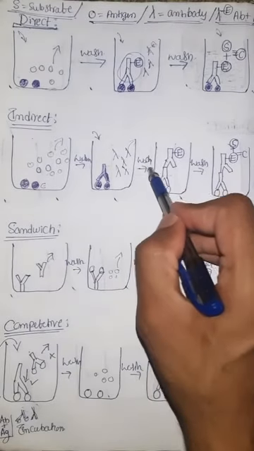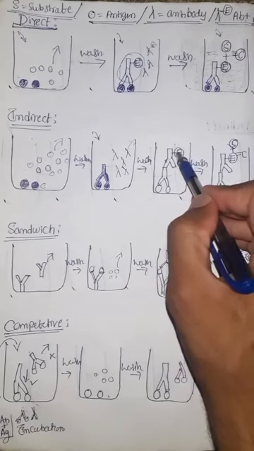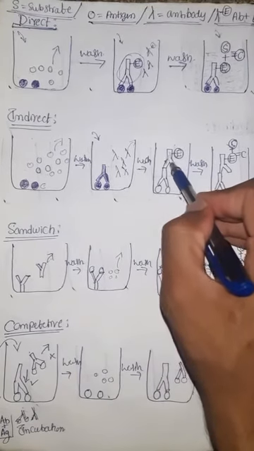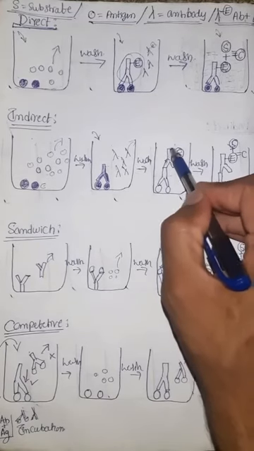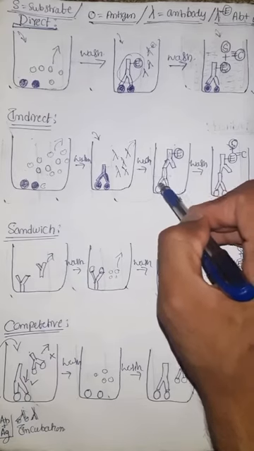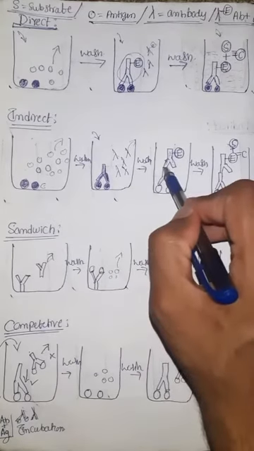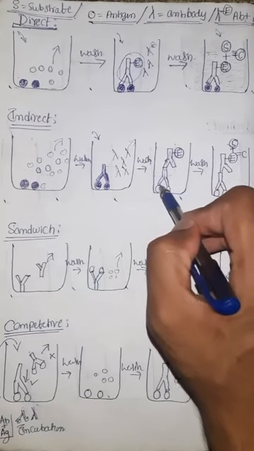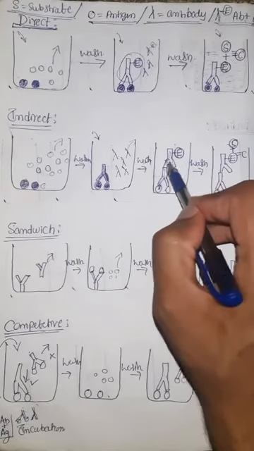Okay, after that we have to add one more antibody which is conjugated or bound with an enzyme. This antibody and enzyme complex goes and attaches with the antibody that already exists, so that it forms a complex called antigen antibody antibody enzyme complex.